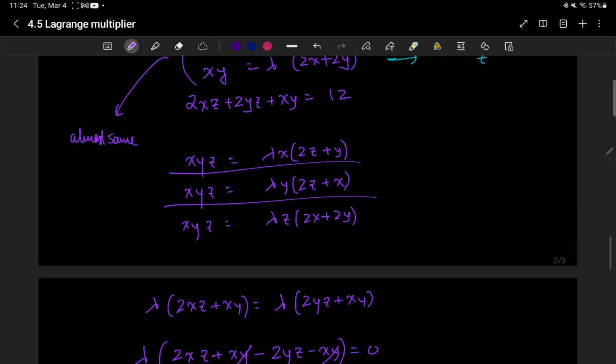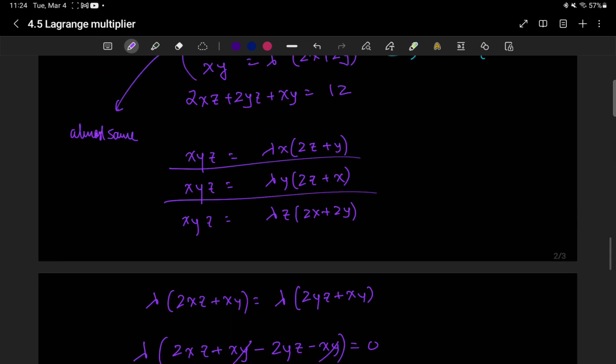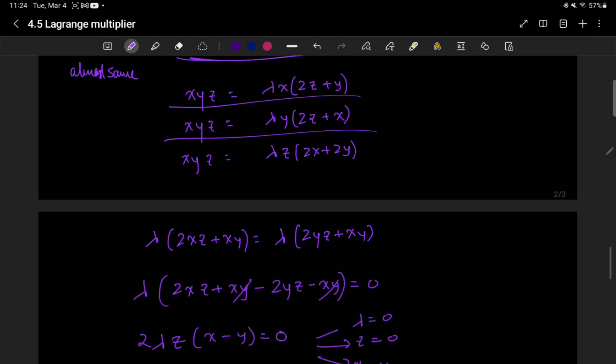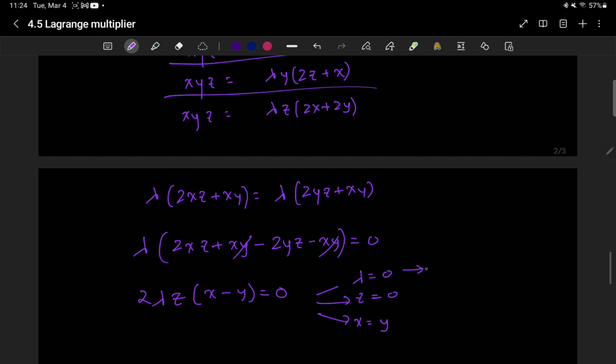Now if lambda is 0, that doesn't help us, because if lambda is 0, what happens is we get xyz equals 0, and then the constraint is not satisfied, right? So this is not possible.